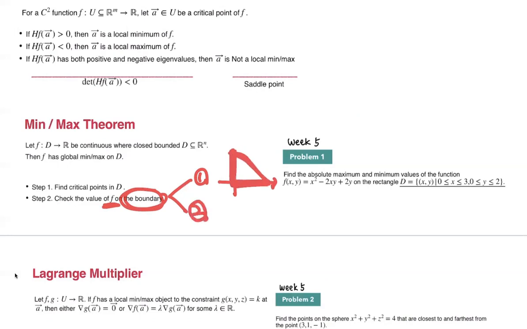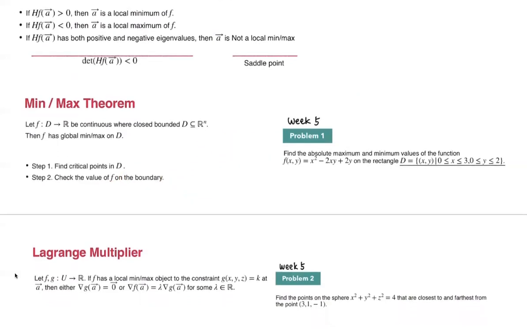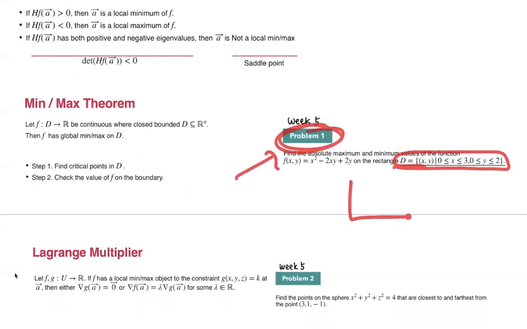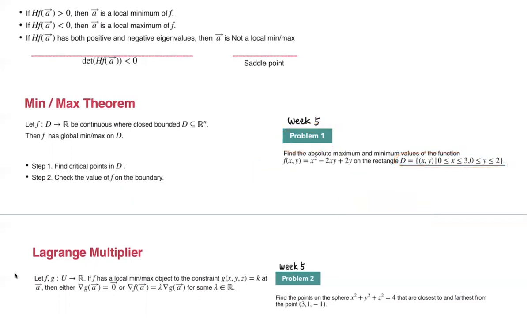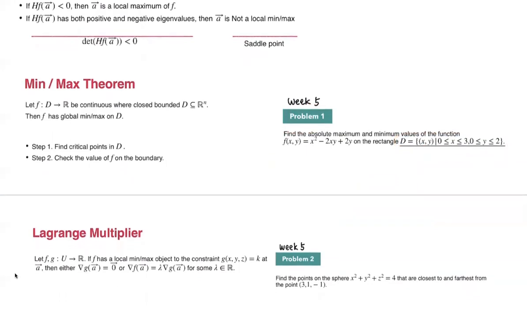The second is using the Lagrange multiplier. So in this problem, our boundary is given by a rectangle like this. So we just find the minimum and maximum values on the boundary by checking the values on each line of the rectangle.